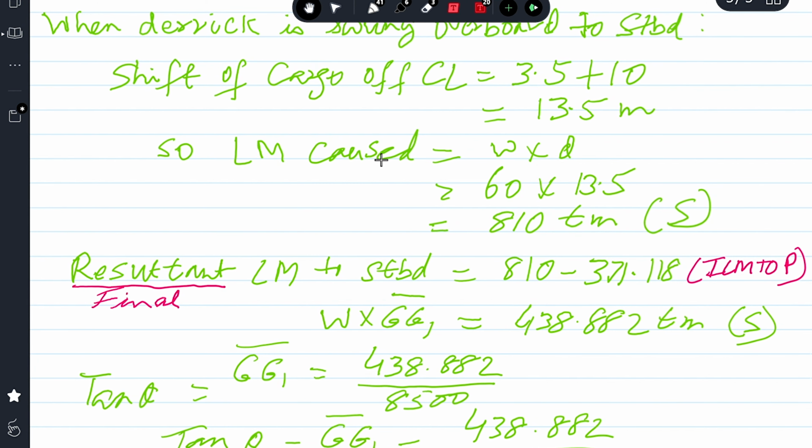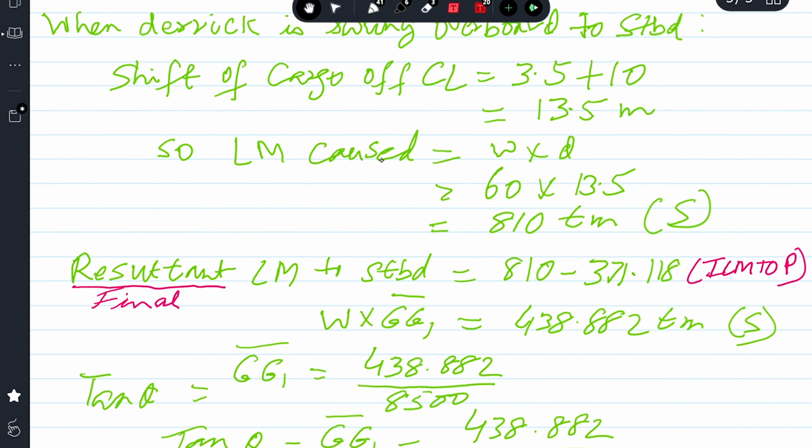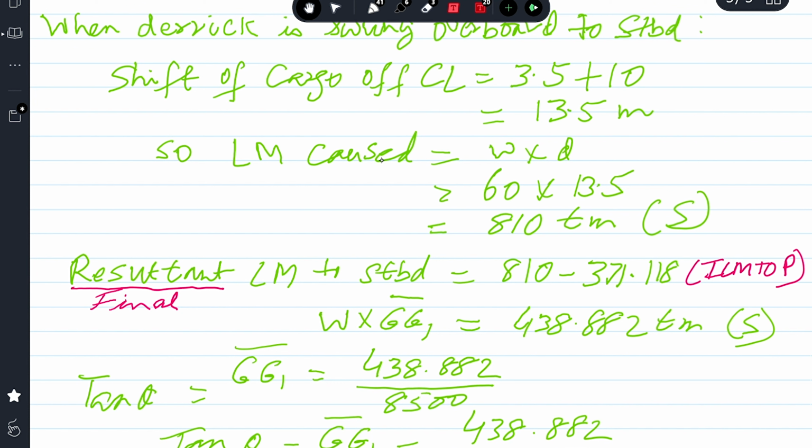So the listing moment caused by the cargo is more than the initial listing moment. Initial listing moment was 371.118. Cargo has caused listing moment 810, which is bigger than this to the starboard. So the ship will finally list to starboard. Net listing moment will be starboard listing moment 810 minus port listing moment will be the resultant or final listing moment to starboard.